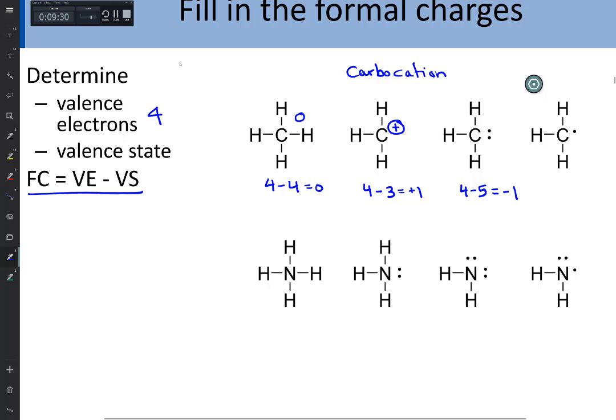What the plus and the minus essentially say is, when it's plus, this carbon has lost an electron, so it has a positive charge. And this one has essentially gained an electron, so it's a negative charge. When it's pairs, you just count each one. So this is 5, like 1, 2, 3, 4, 5.